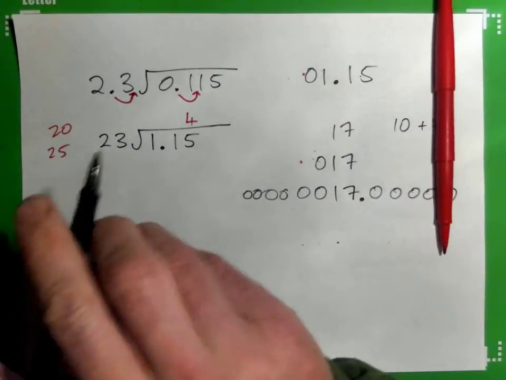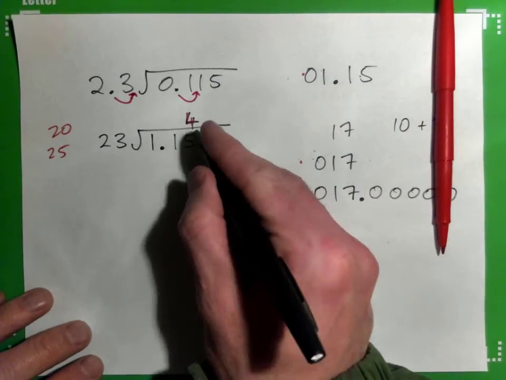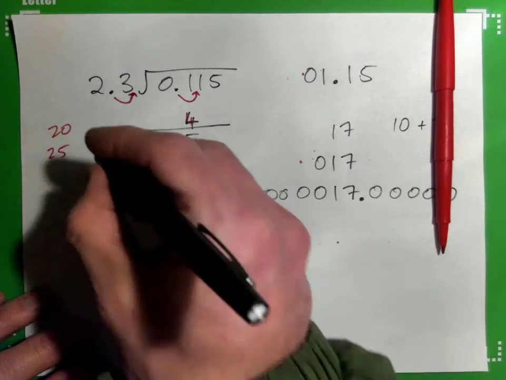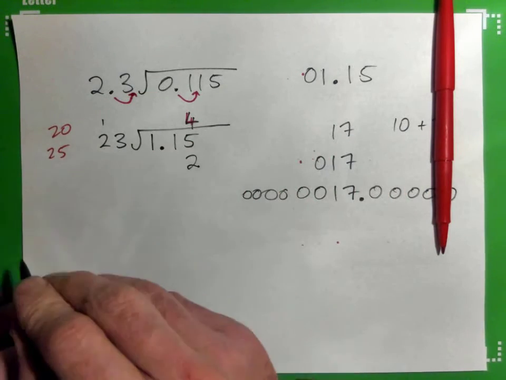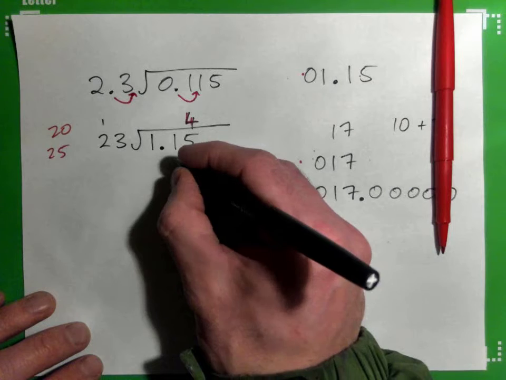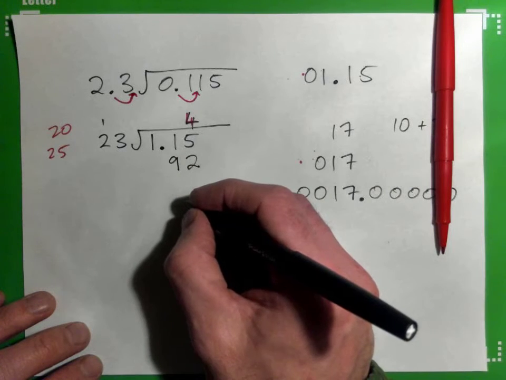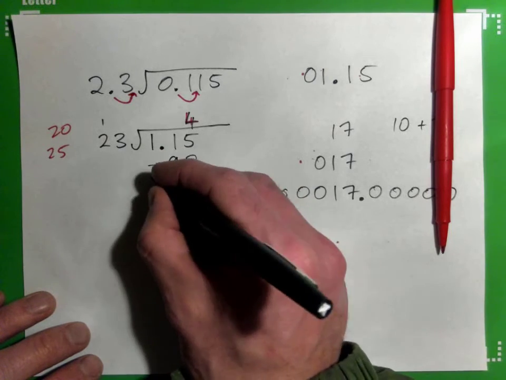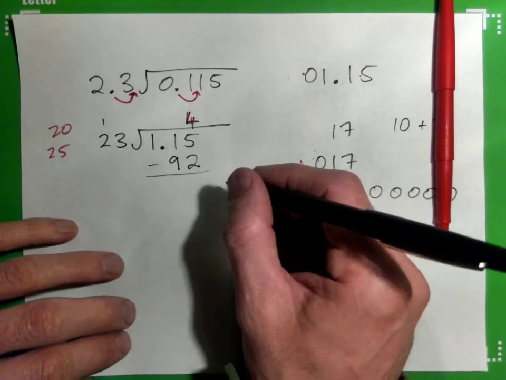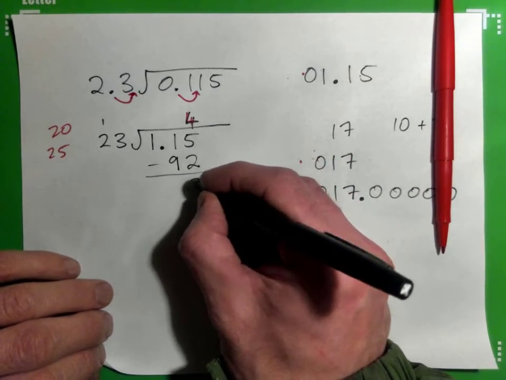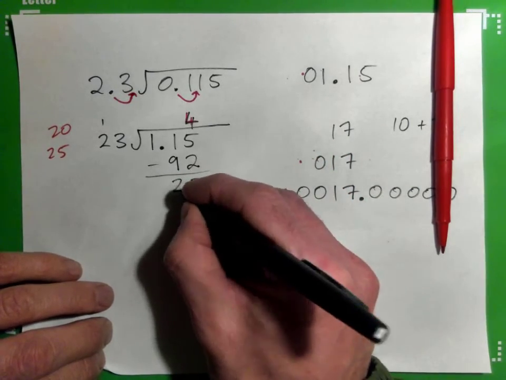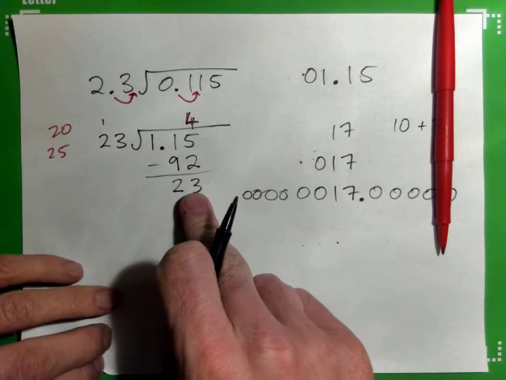If we're wrong, we can just go back and fix it. 4 times 3, 12, carry 1. 4 times 2 is 8 and 1 is 9. And then subtract. Because 5 minus 2 is 3, and 11 minus 9 is 2. And 23 goes into 23.